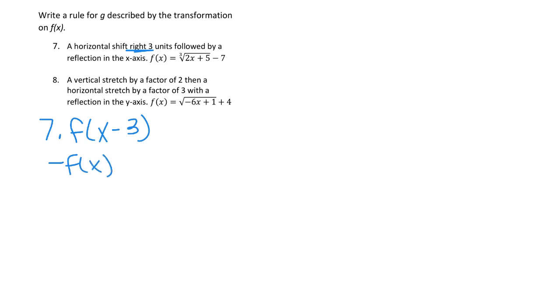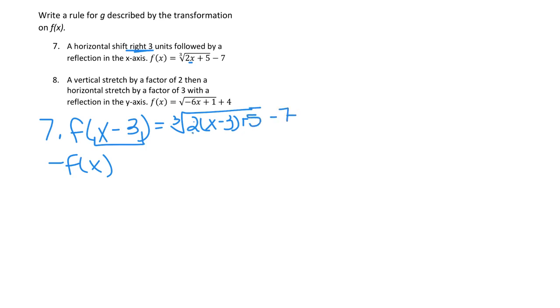Okay, we like it when you write these out separately like this. So we're going to start by f of x minus 3. Remember, this means we're going to plug x minus 3 in for the x. So I have f of x equal to the cube root of 2 times x minus 3 plus 5 minus 7.